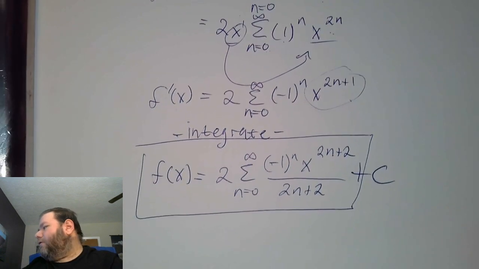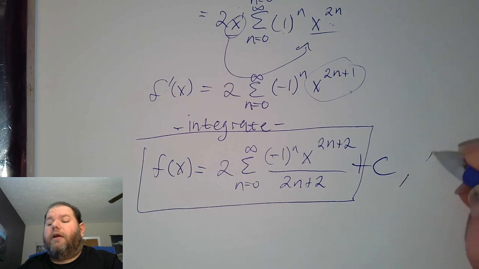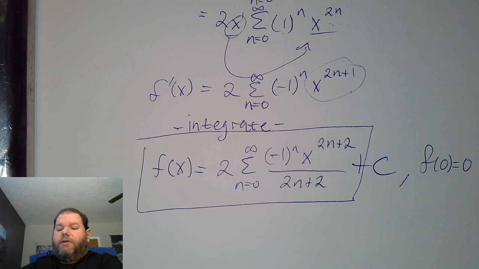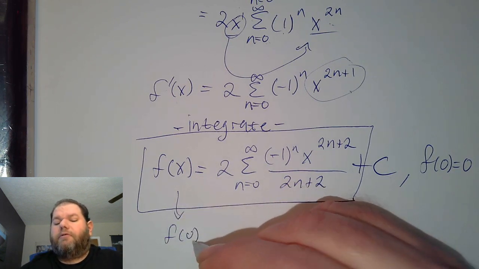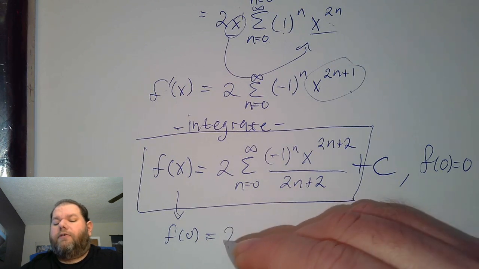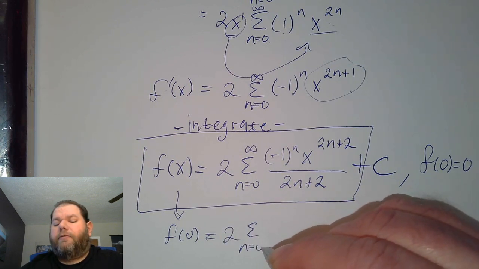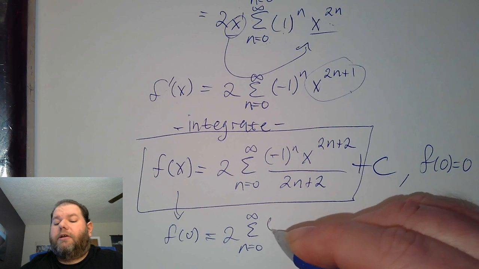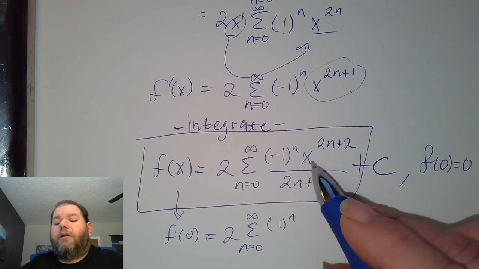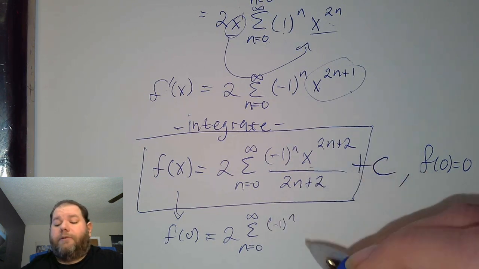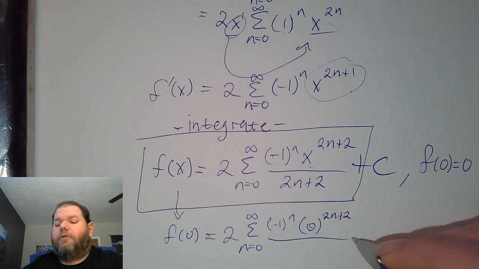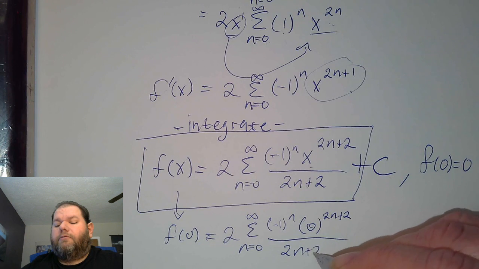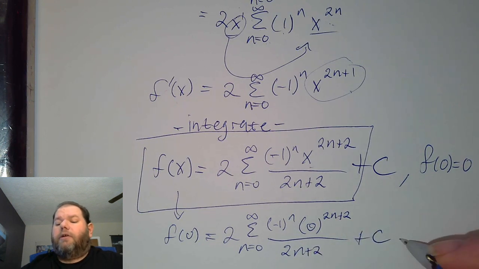So we go back here, and we know f of 0 is equal to 0 from the original function. Well, if we plug in 0, we get 2 times the sum from n equals 0 to infinity of negative 1 to the n, 0 to the 2n plus 2 power, over 2n plus 2, plus c is equal to 0.